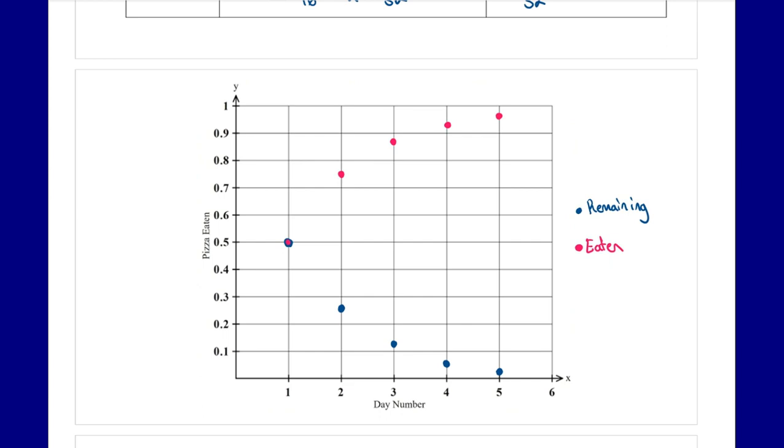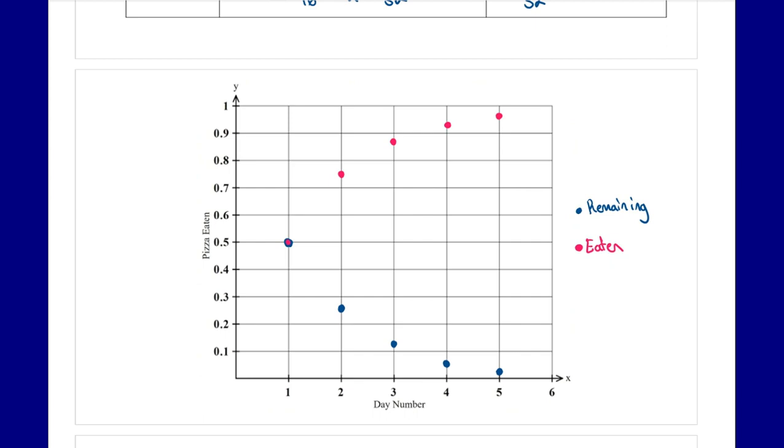Now, are we ever going to reach the end? If Josh keeps this up, is he ever going to have no pizza remaining? Technically, no. He's always going to have some bit of pizza remaining, because if he keeps on taking half of a half of a half and so on, he's going to get smaller and smaller pieces, but in the end, he's still going to have a piece.